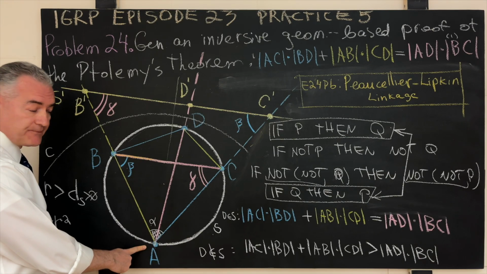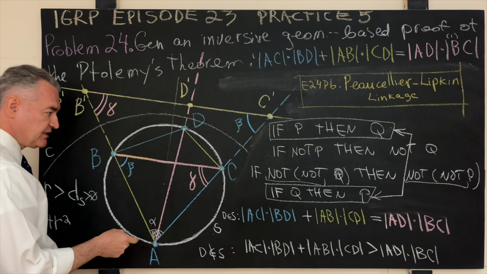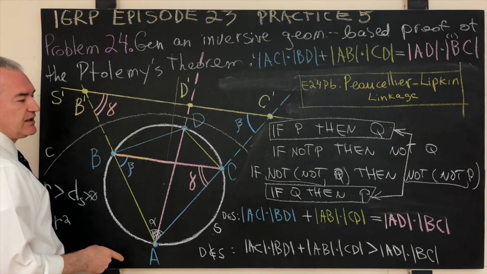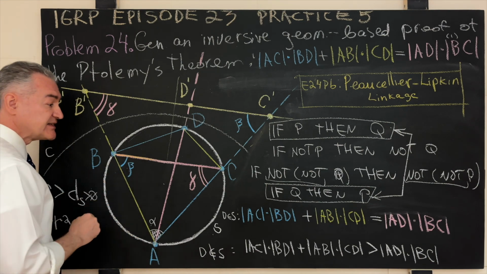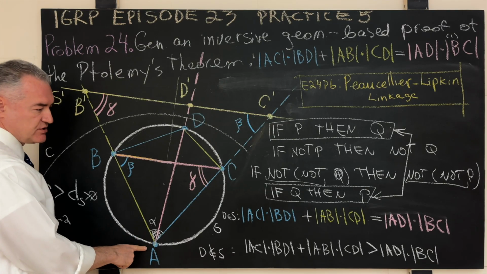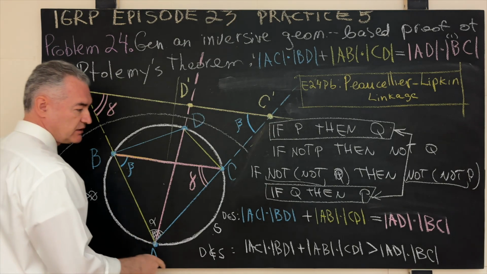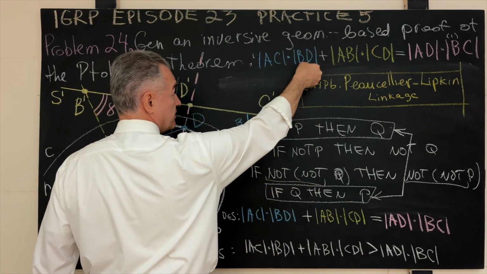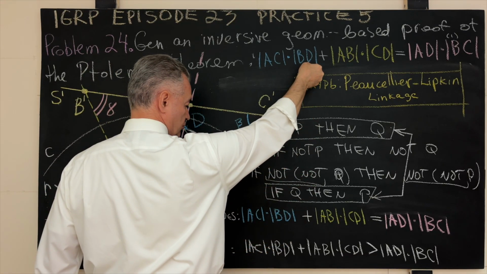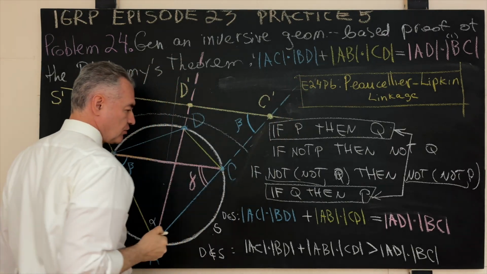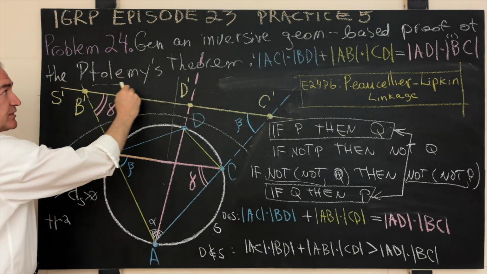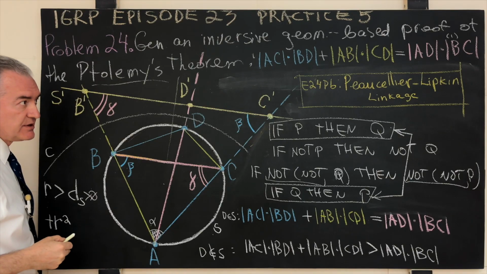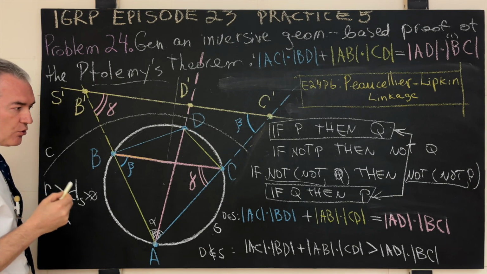That means that our quadrilateral ABCD, named appropriately, is cyclic. And if such a quadrilateral is cyclic, then this relation holds, and this is precisely the symbolic embodiment of Ptolemy's theorem, and the game is over.